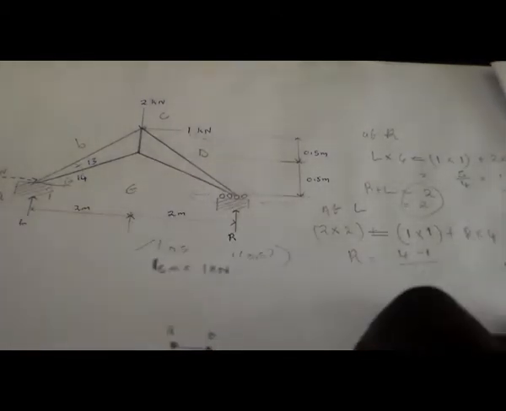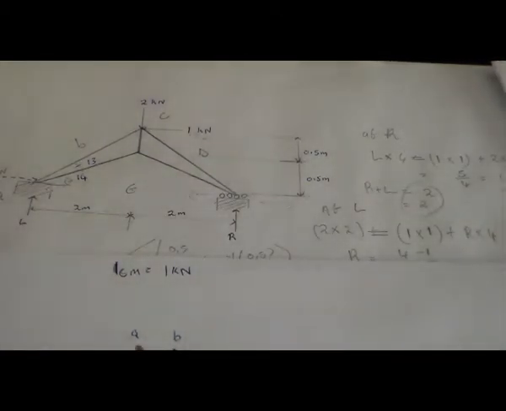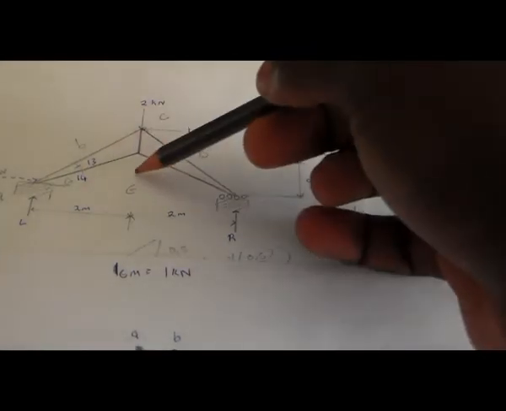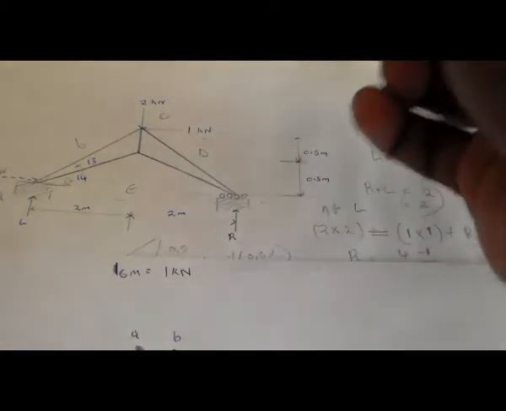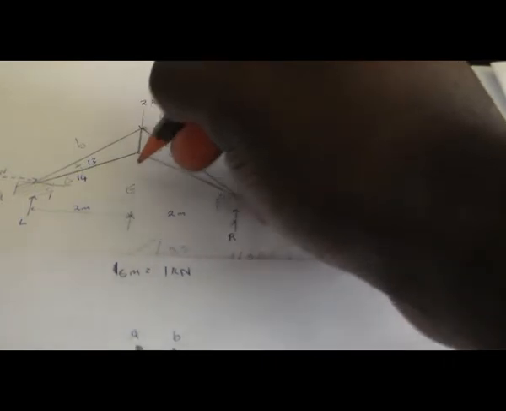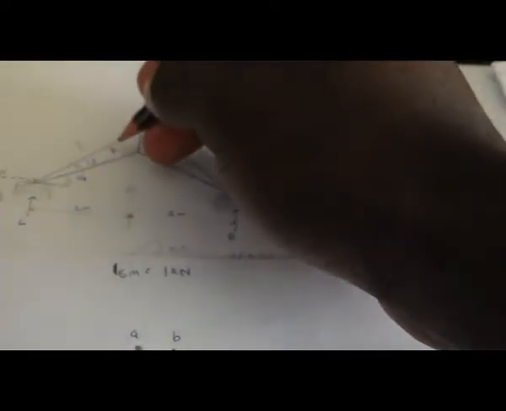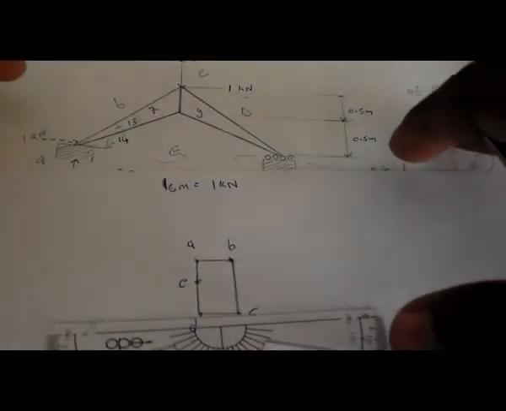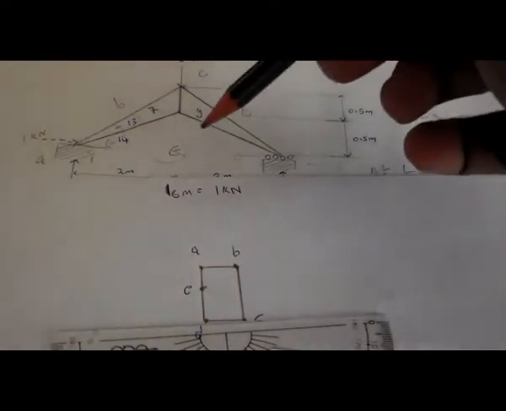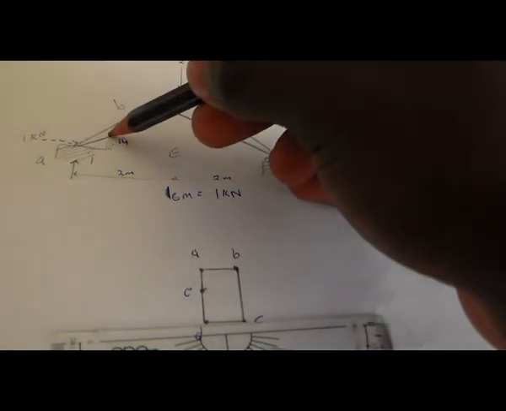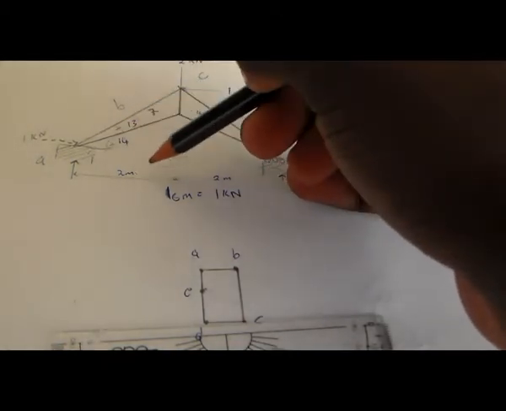Okay, so now we have to draw our members inside. If we're going to start at E, let's add another alphabet here from E. Then we're having F here, from F to G. So from E to F, we're having 14 degrees.